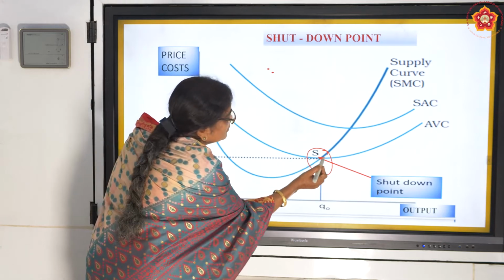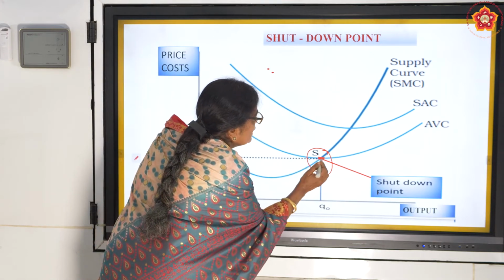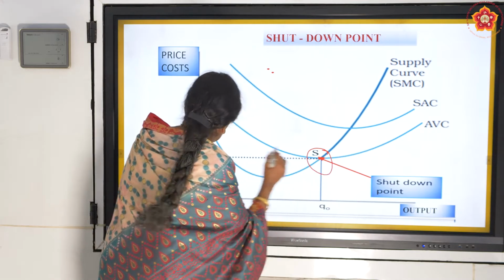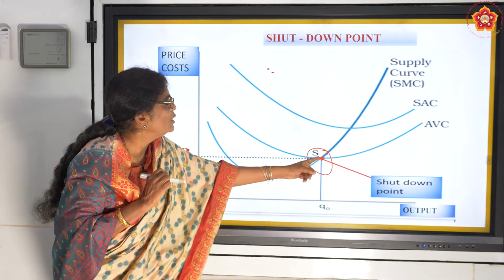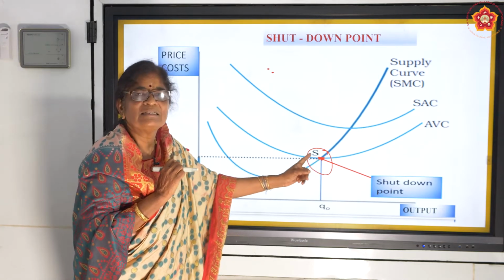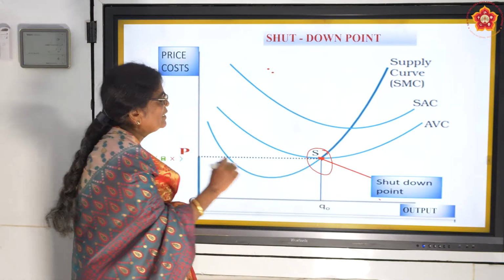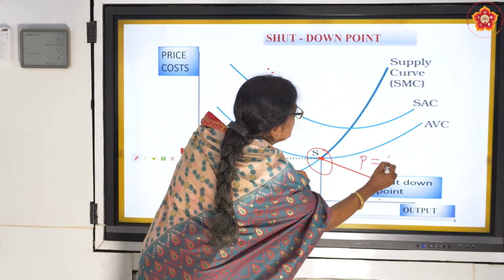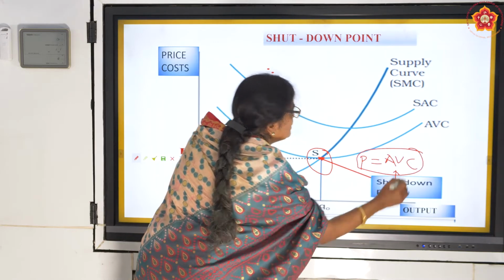That is, this is the minimum of the AVC curve, where the MC curve comes from below and intersects minimum AVC. And when we extend the price line, it also intersects minimum AVC. This point is called the shutdown point. That is, the shutdown point where price is equal to AVC. I hope you understood. This is the shutdown point.